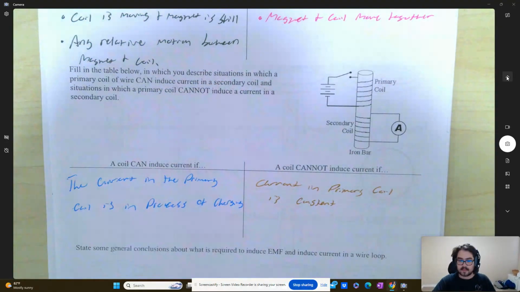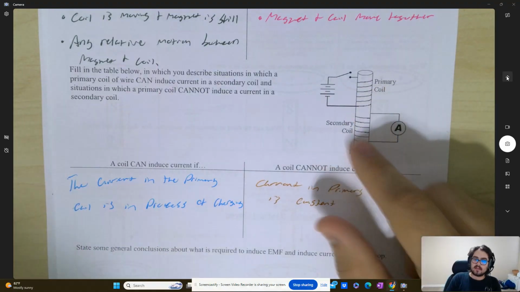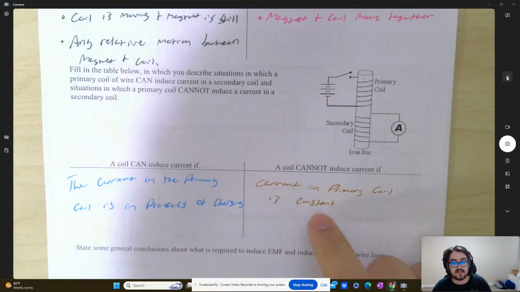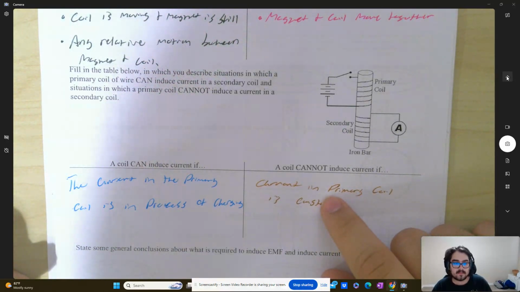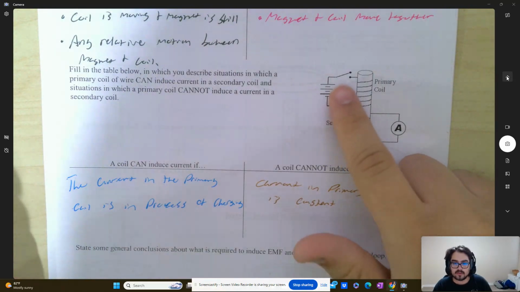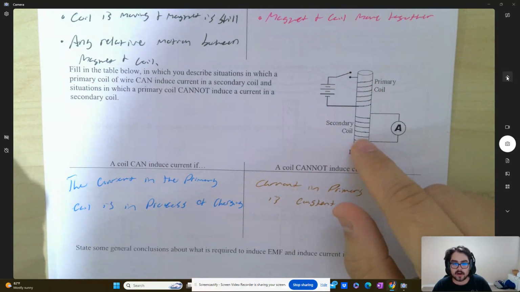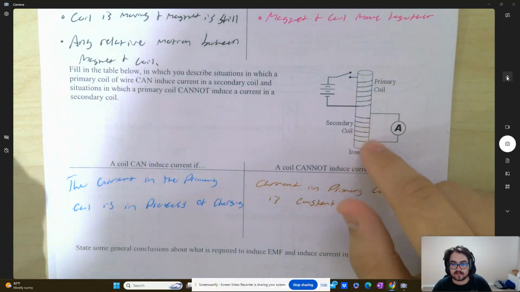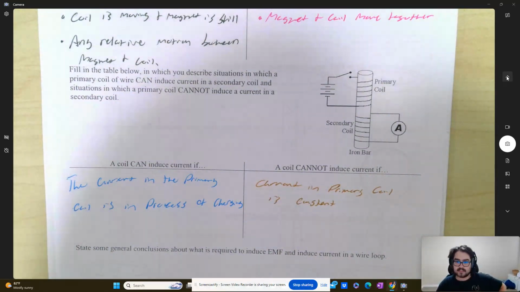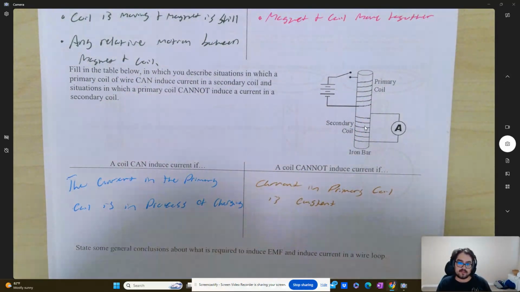So as long as the current in the primary coil is charging, or I think also discharging, then there can be induced current in the secondary coil. But if the current in the primary coil is constant, then it's not inducing current into the secondary coil. You'll notice that the battery is connected to the primary coil, and then they're attached together by an iron bar, and then the secondary coil does not actually have a battery directly connected to it. These two coils are not connected through anything other than the iron bar.